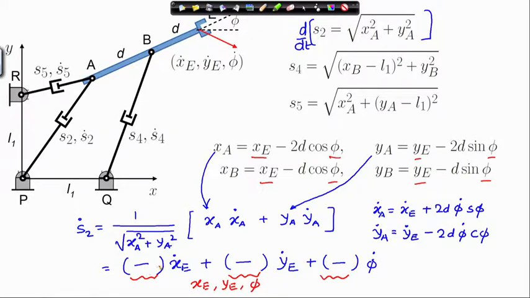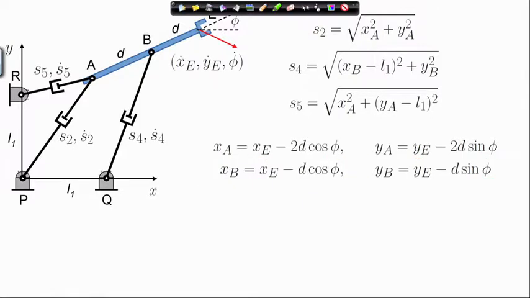So, if you know the configuration of the manipulator, these things are already known to you. In that case, I have found a relation between the expansion rate of S 2, which is S 2 dot, and the velocity of the end effector, which is x e dot, y e dot and phi dot.